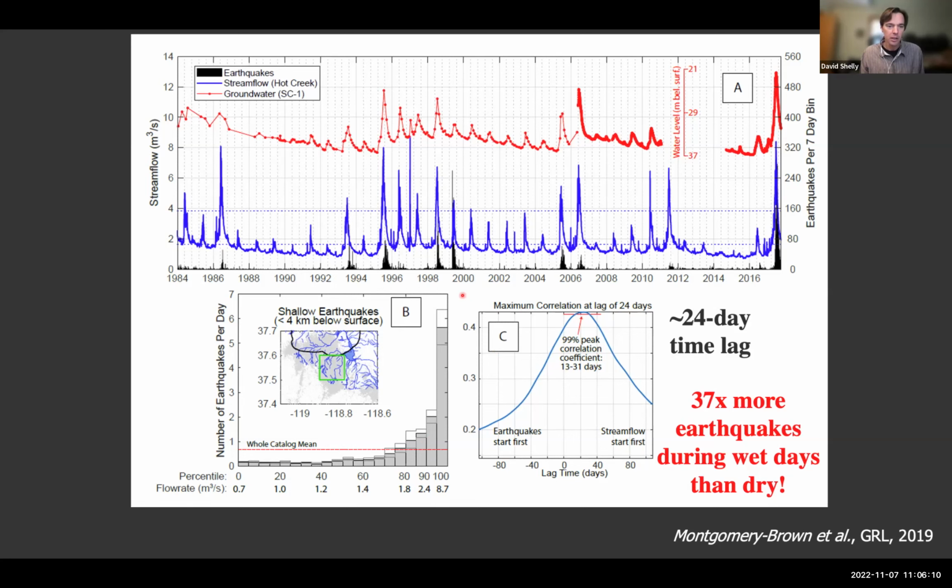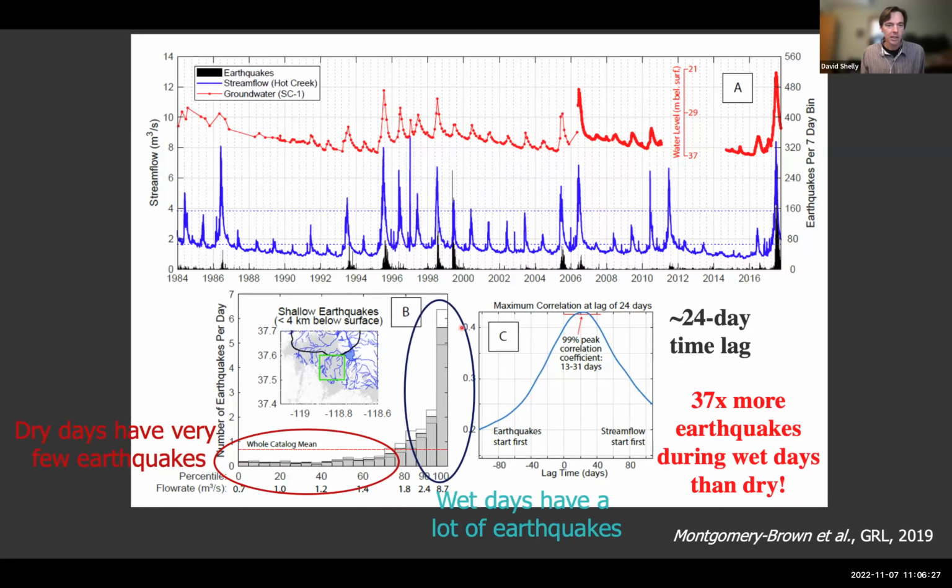So we have a lot of days that are relatively dry. These are still quite low streamflow rates up to this kind of 60-some percentile here. These have relatively few earthquakes. And then we have a smaller number of very wet times that have a whole lot of earthquakes.